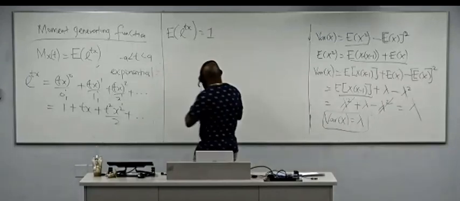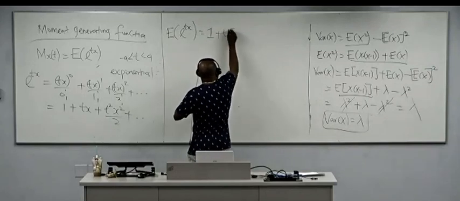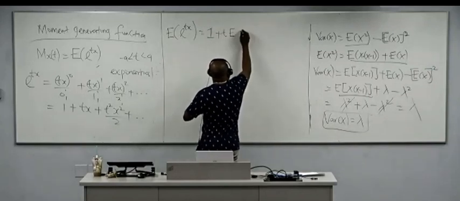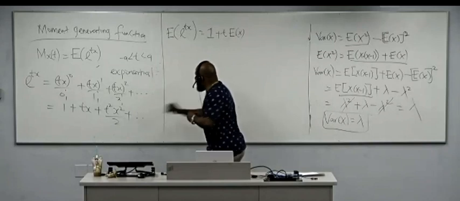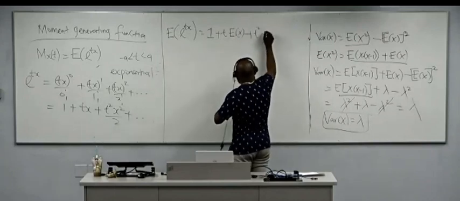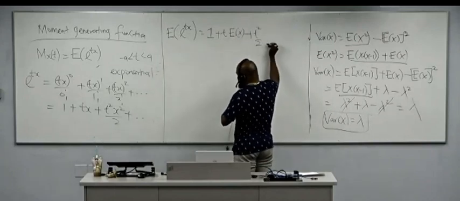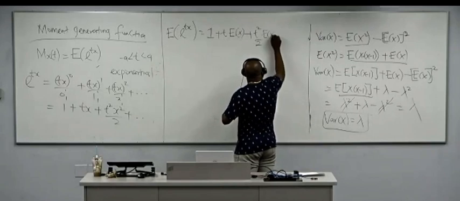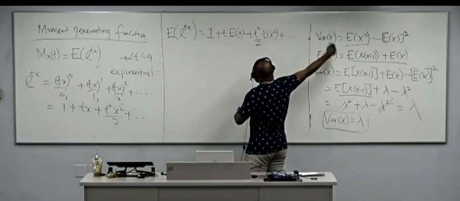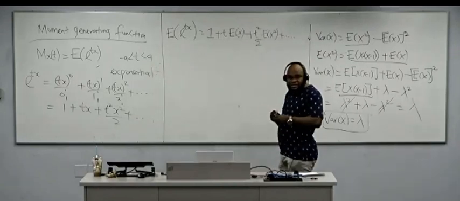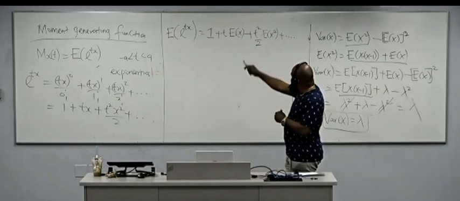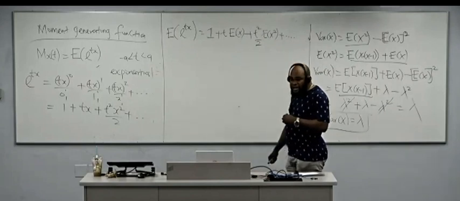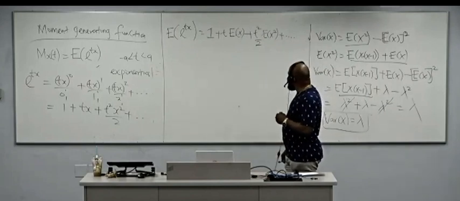So here we have 1, plus t times the expected value of x, plus t squared over 2 times the expected value of x squared, and that will continue like that. That is the expectation that I'm talking about.